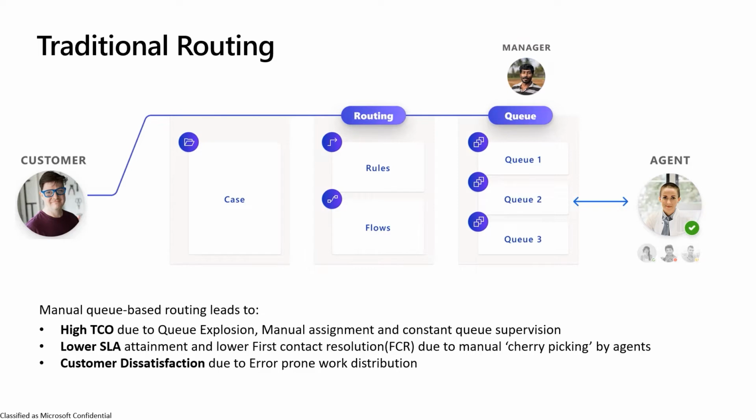Traditionally, customer service organizations have relied on queue-based routing where the incoming work is routed to one of the queues. Agents either pick up the work manually from the queue or are assigned work by a duty manager. This model requires constant manual supervision. Any error or delay on the part of the manager or the dispatcher leads to customer dissatisfaction.